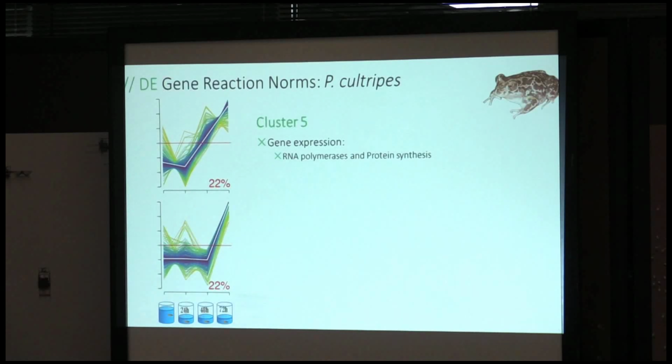This first cluster had RNA polymerases and protein synthesis GO terms associated to it, and cluster 2 had thyroid hormone metabolic processes and keratinization, which is interesting because keratinization is most strongly associated with metamorphosis in amphibians. So at this stage, we're already seeing signs of this accelerated development in the larva.